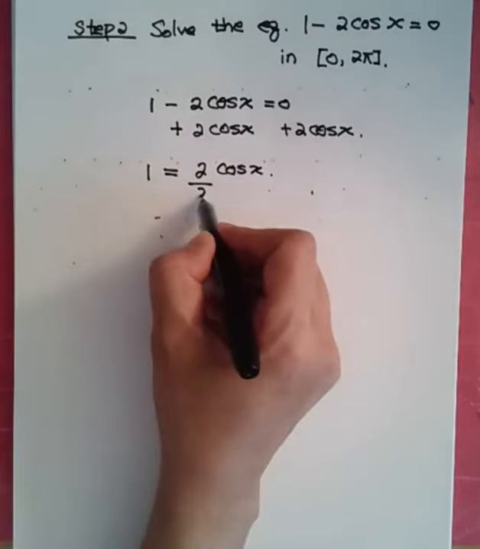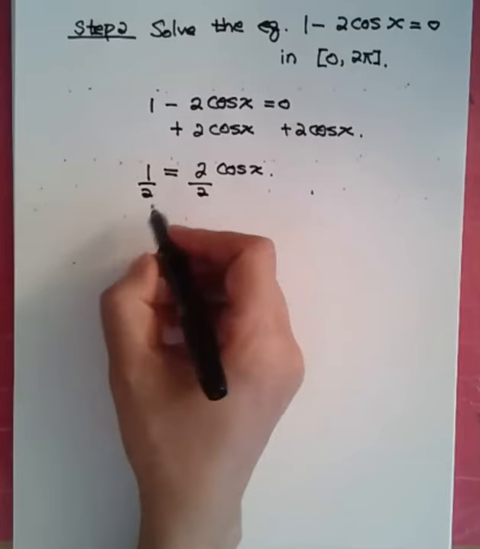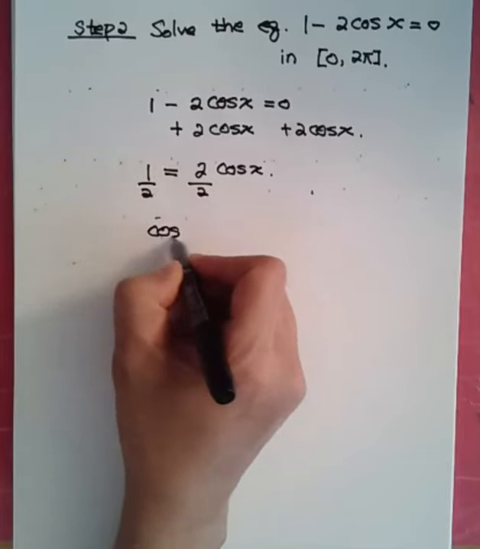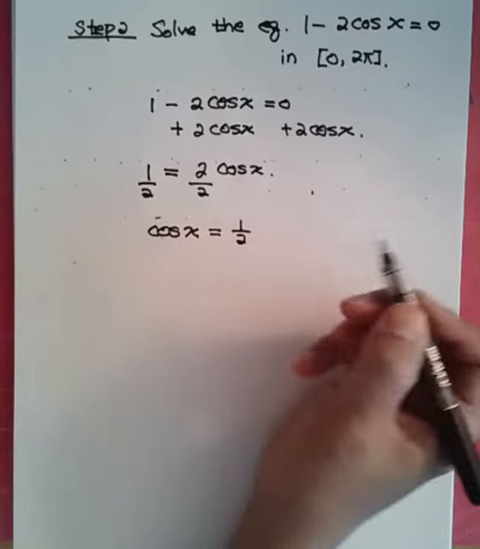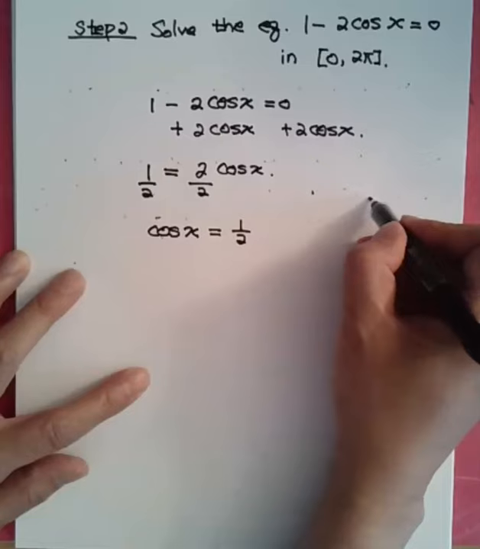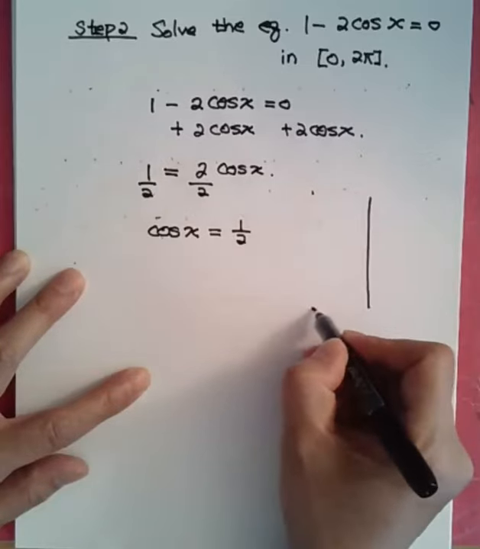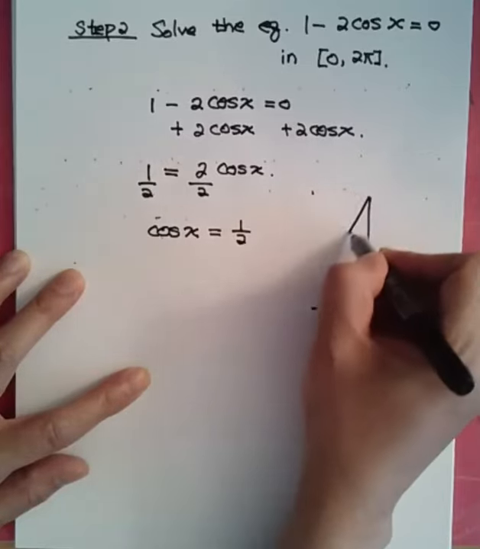We divide by 2 on both sides, then we get cosine of x equals 1 over 2. The reference angle involved is pi over 3.